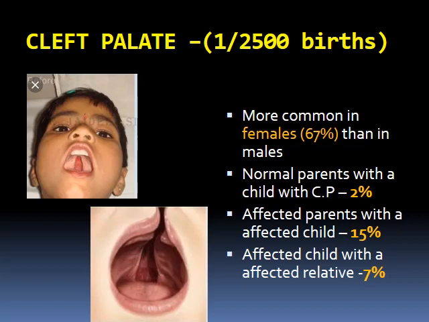Now, if an affected child is there in a family and he has an affected relative, the risk factor increases by 7%. Now here the first picture is showing an independent cleft palate where the lip is normal, and the lower picture is showing cleft lip and palate which has occurred together.